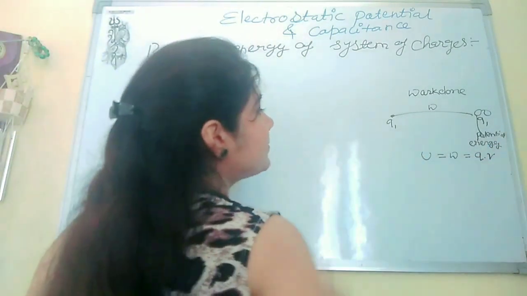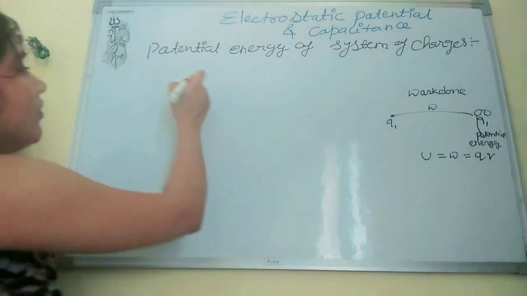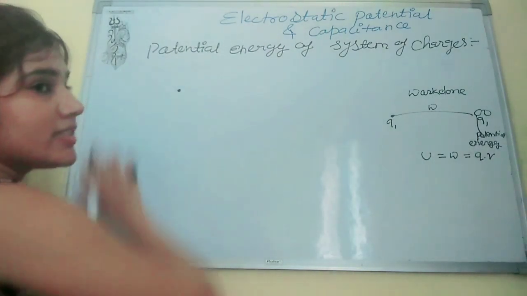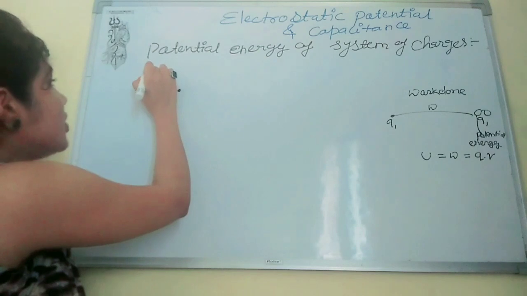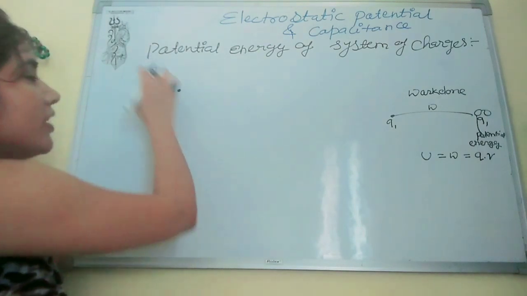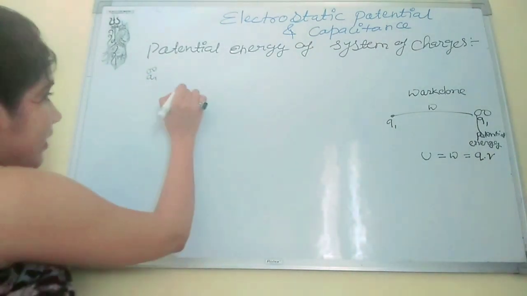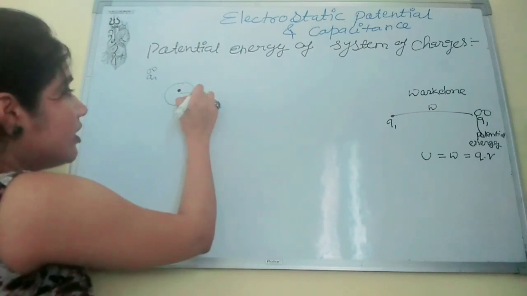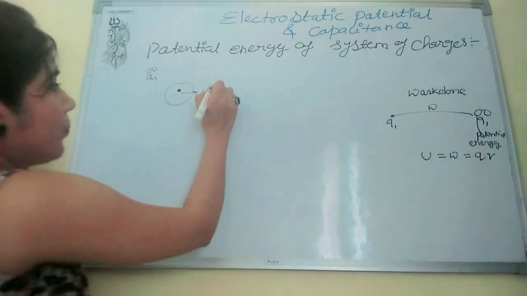Is that clear? Okay, now we have a point in a certain region and we are bringing a charge Q1 from infinity to this point. Is there any work done here? No. Why?